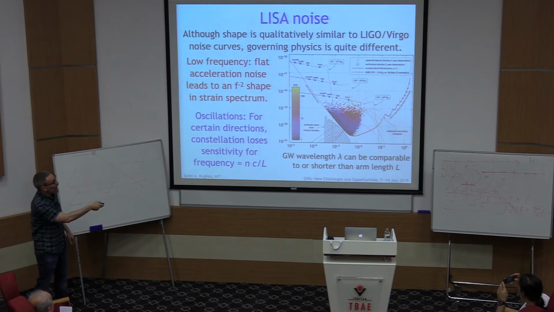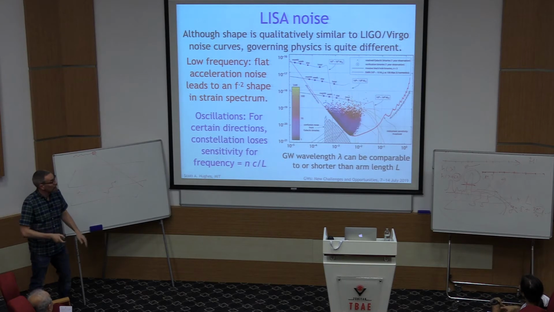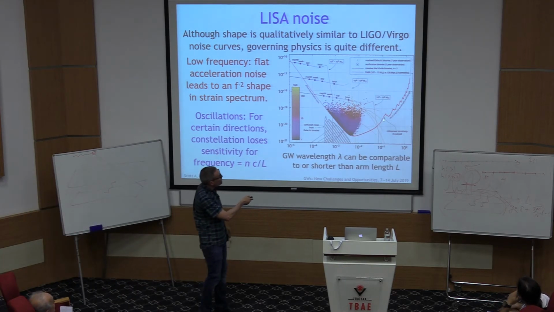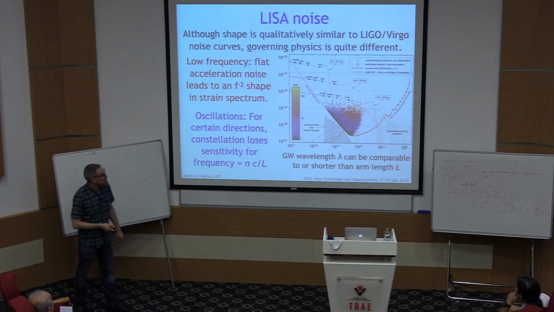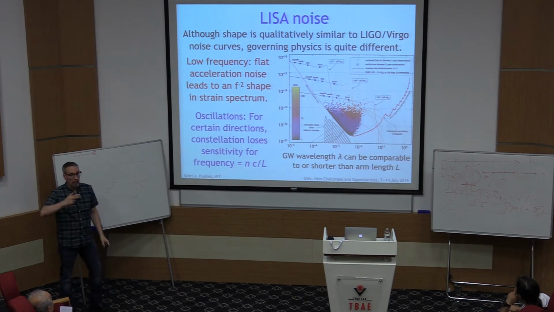Okay? So up here, the wavelengths that you are measuring are actually smaller than your detectors. And in particular, every one of these little peaks corresponds to a gravitational wave frequency that is an integer multiple of 1 over the light travel time down the detector's arms.